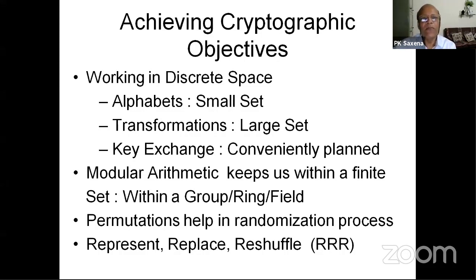So for achieving these cryptographic objectives, that is, how to secure messages, we work in discrete space. Some alphabets, like 0 and 1 is one alphabet set, the binary set, or 26 alphabets, or 30, 32 alphabets, 26 plus some special symbols.